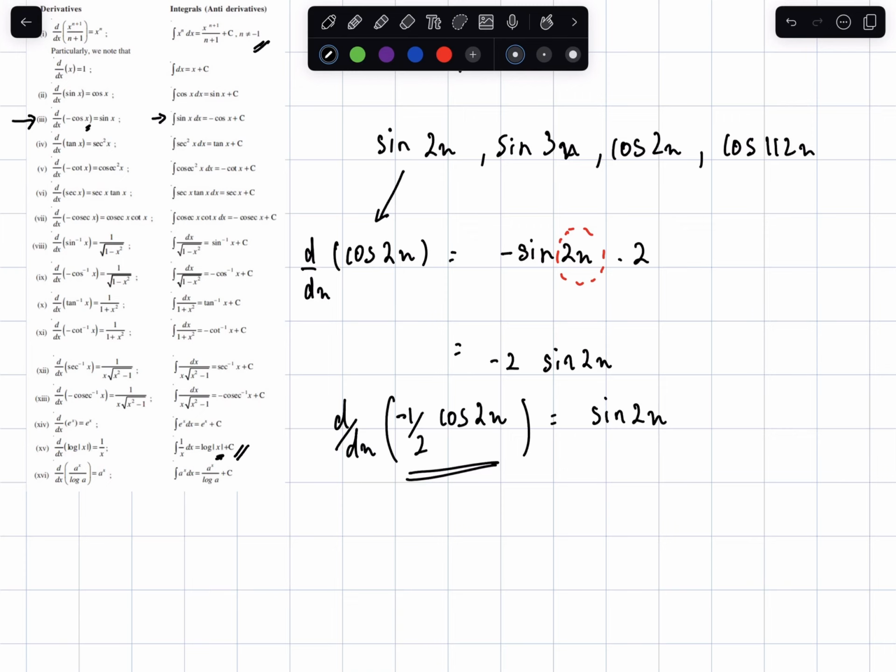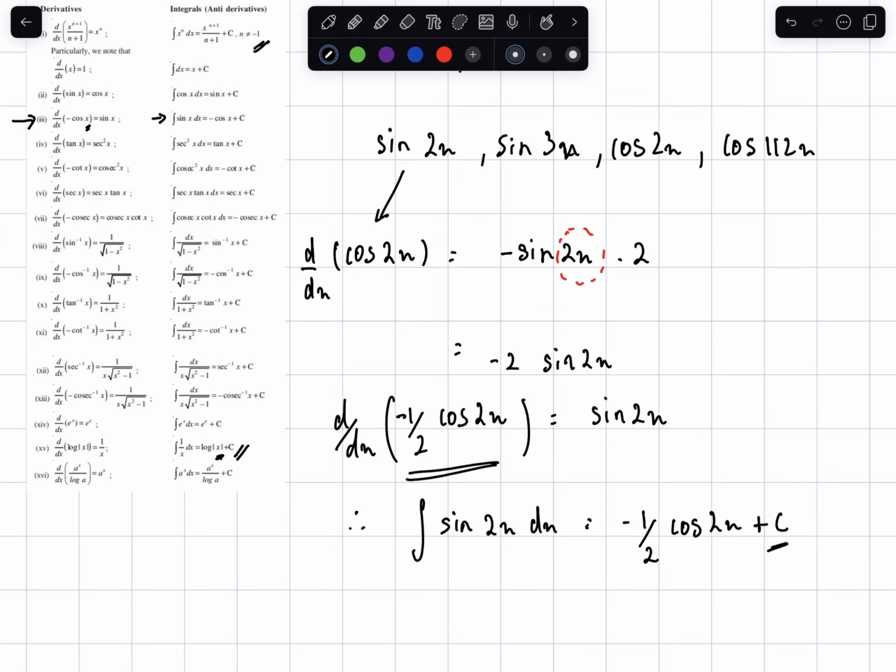Therefore, the integral of sine 2x dx is equal to minus half cos 2x plus c. Don't forget the plus c always.